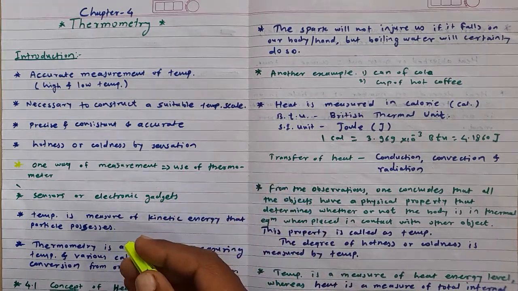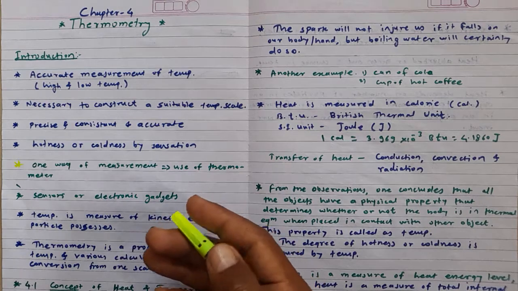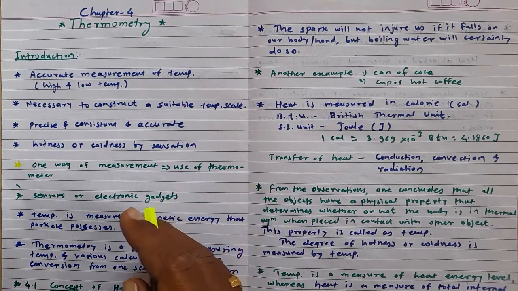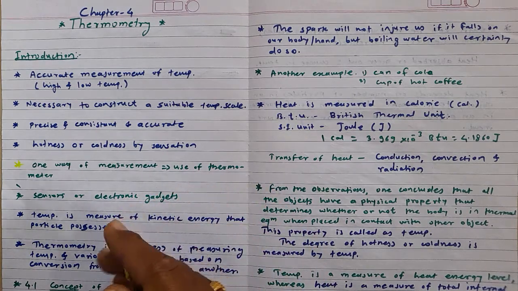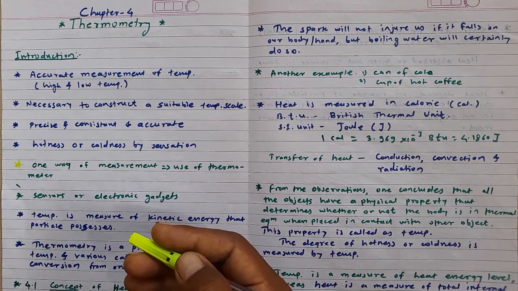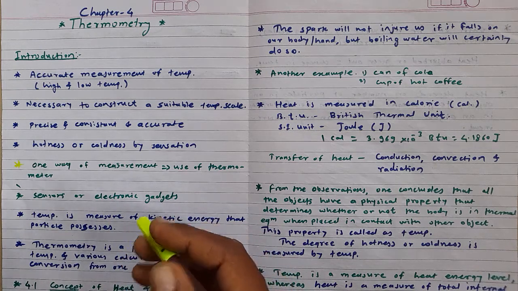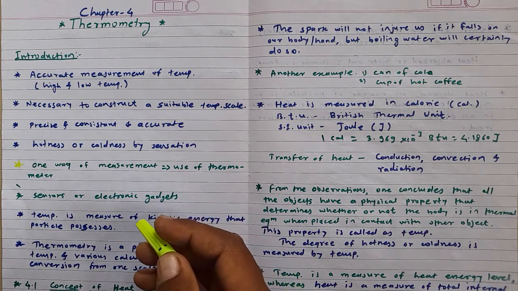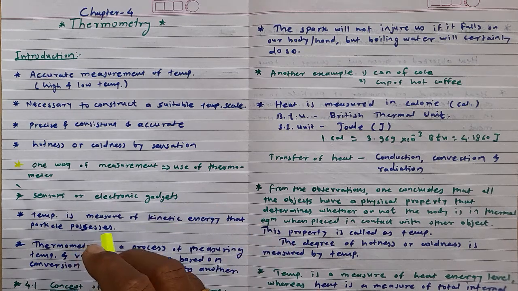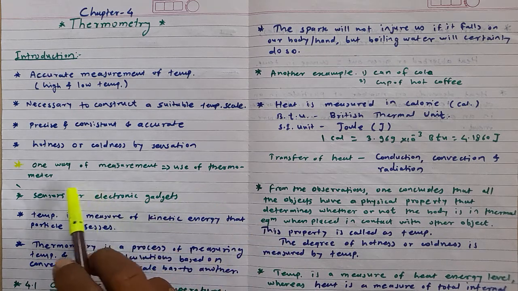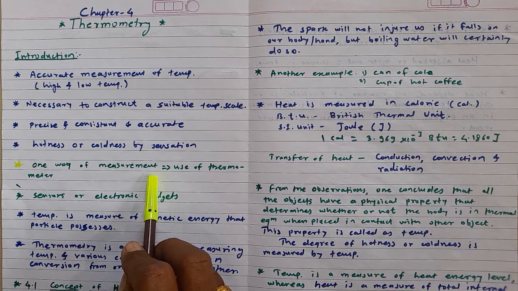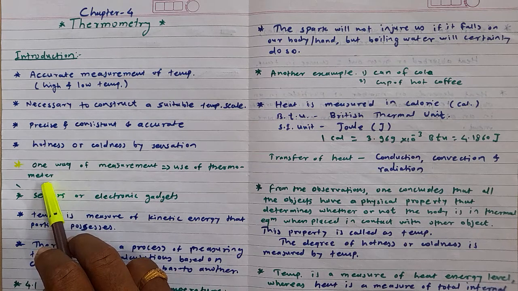We can say qualitatively whether the object is hot or cold, but we do not get much information quantitatively, and accurately as well. So one way of accurate measurement is the use of thermometers, which are properly calibrated.